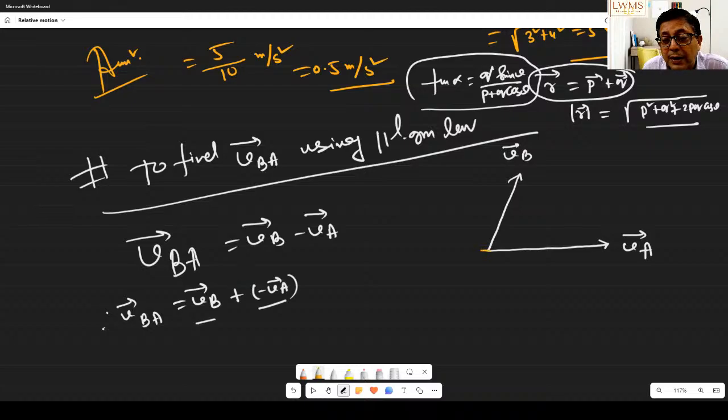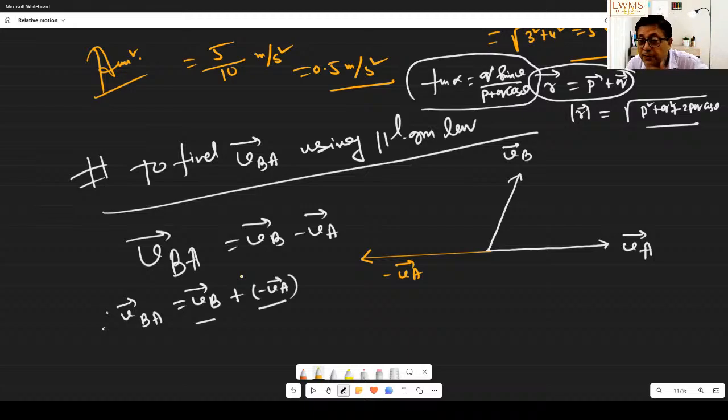Minus VA will be in what direction? Opposite to the vector A. Now VB vector is there, minus VA vector is there. You complete the parallelogram now.